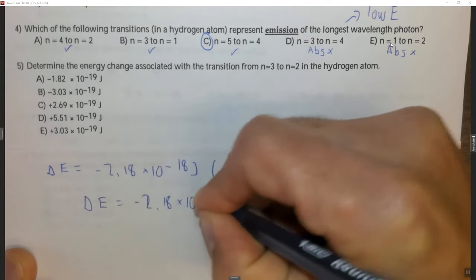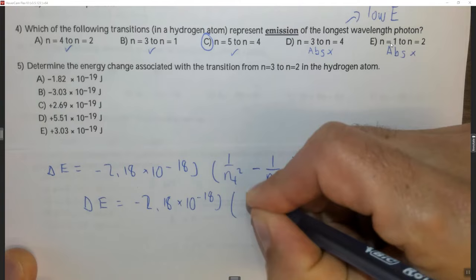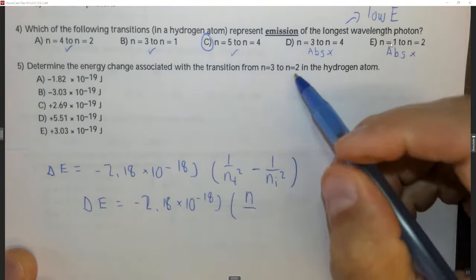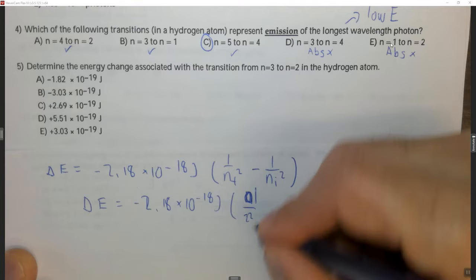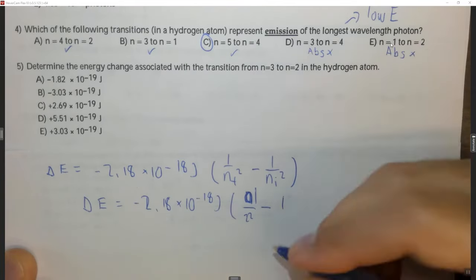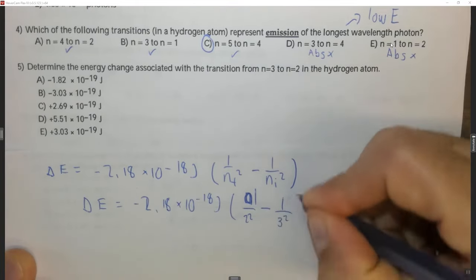2.18 times 10 to the minus 18 joules times 1 over, the final is 2 squared, or 4, minus 1 over 3 squared, which is 9.